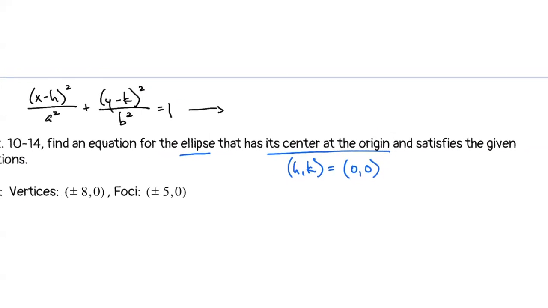Which means this is 0, this is 0. So really what I'm asking you to write is something that looks like this: x squared over a squared plus y squared over b squared equals 1. And to write that, we just need to find what is A and what is B. That's really all we're asking you to do. Find your A, find your B.